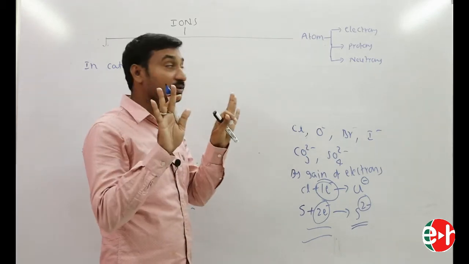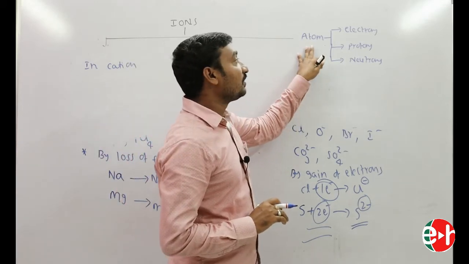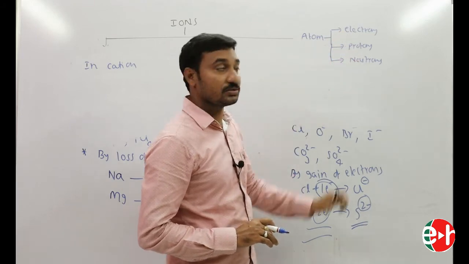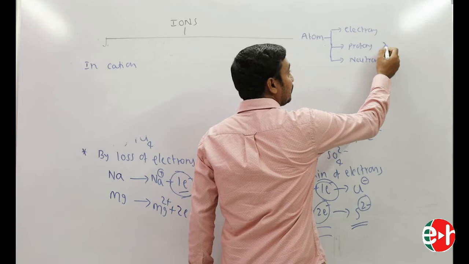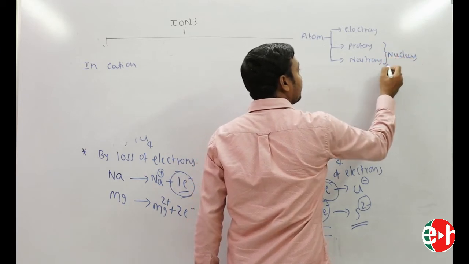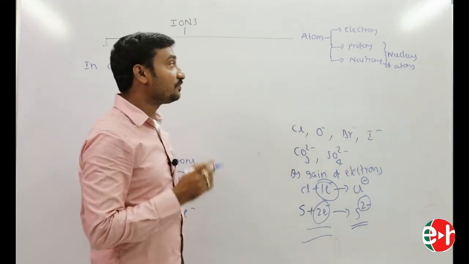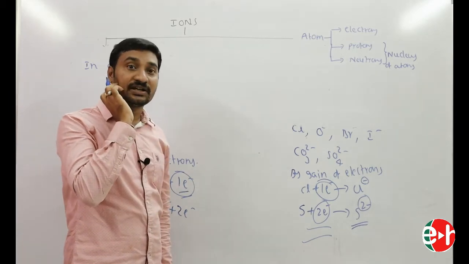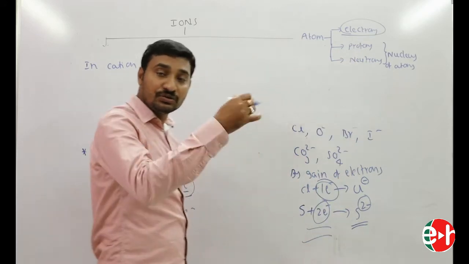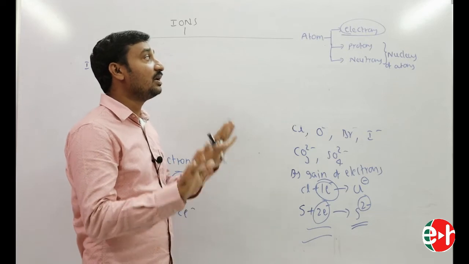But here just remember, an atom contains electrons, protons, neutrons. Protons and neutrons are present in the nucleus of the atom. Electrons revolve around the nucleus.